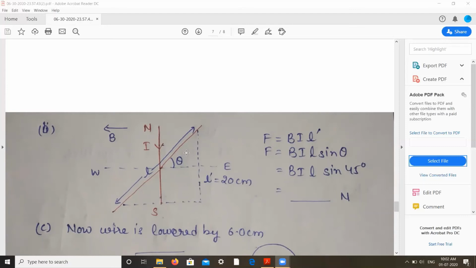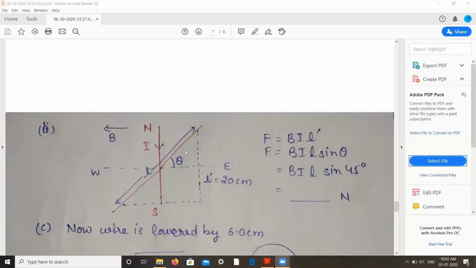You can use your left hand rule, Fleming's left hand rule, to find the direction of force. If the magnetic field is indicated by your forefinger and the current is represented by the middle finger, then the thumb shows the direction of force. For simplicity, we can hold our left hand in such a way that the three axes are perpendicular.